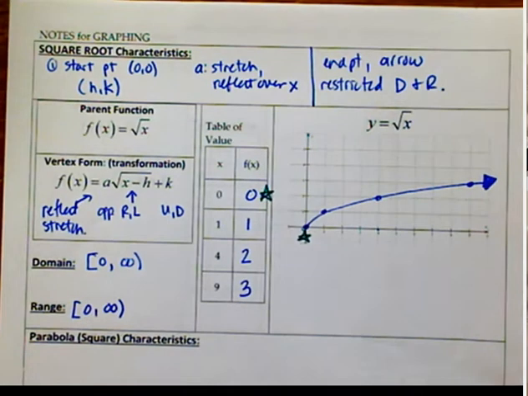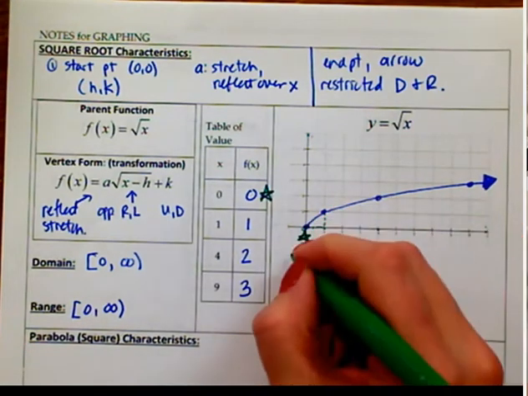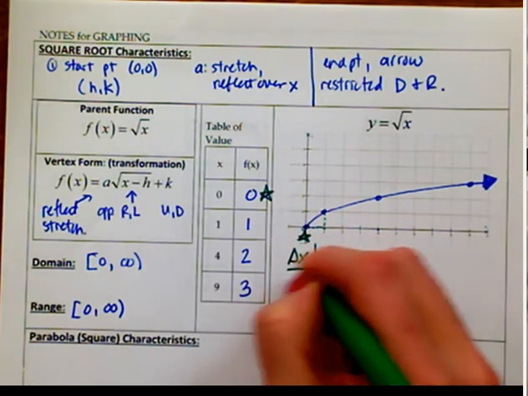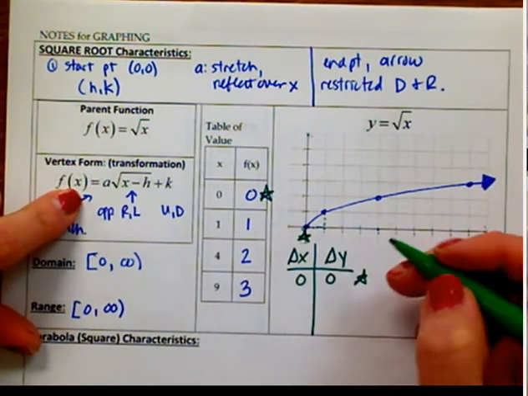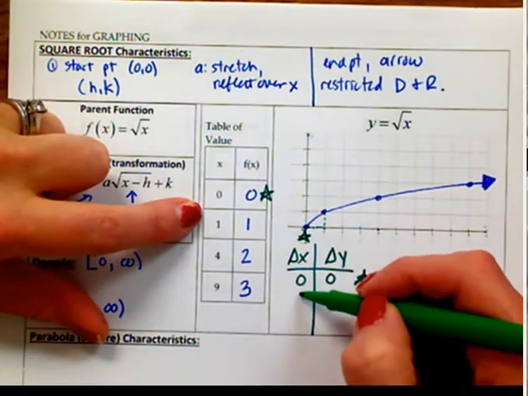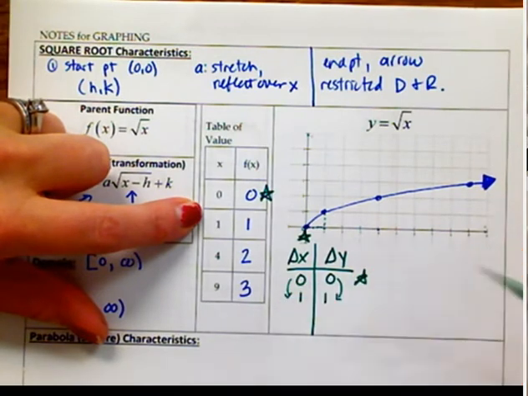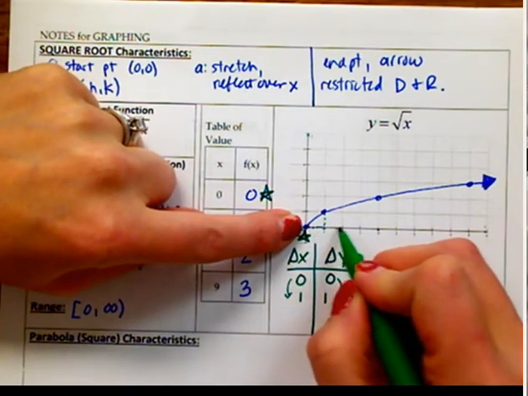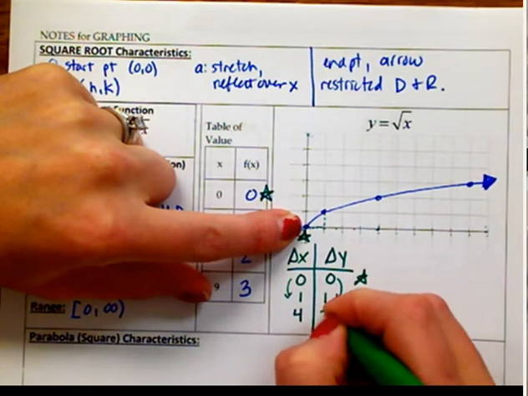Okay, so let's look at our next point. Over 1, up 1. And so if we look at our table in terms of change in x, change in y. Okay, 0, 0 is the start. Our next point is over 1, up 1. The next point from the start, over 4, up 2.